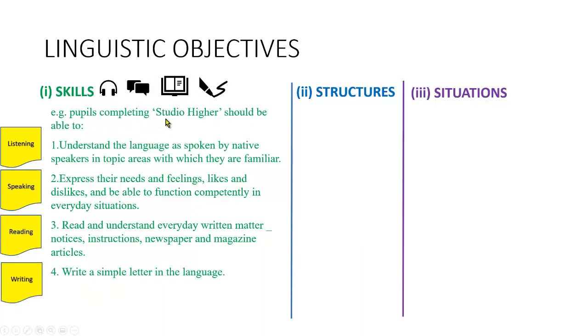Before I go on, can I just say I've just made this up. It doesn't actually say that for Studio High. I went with another course book. But anyway, as you get into the teaching world, these are going to trip off the tongue: listening, speaking, reading, writing. And that's often the order in which we say them, because that is the order in which you acquire language, isn't it?